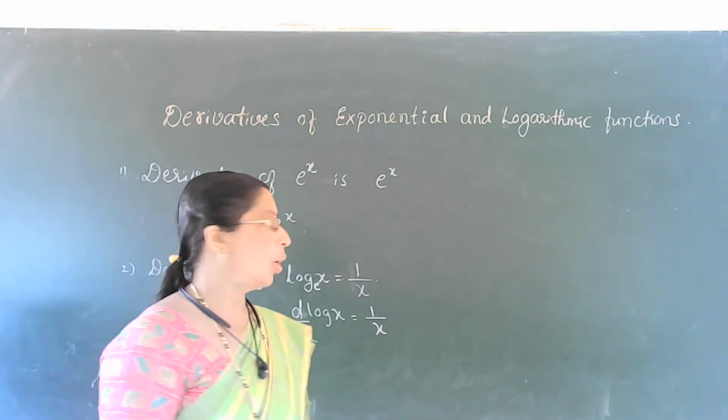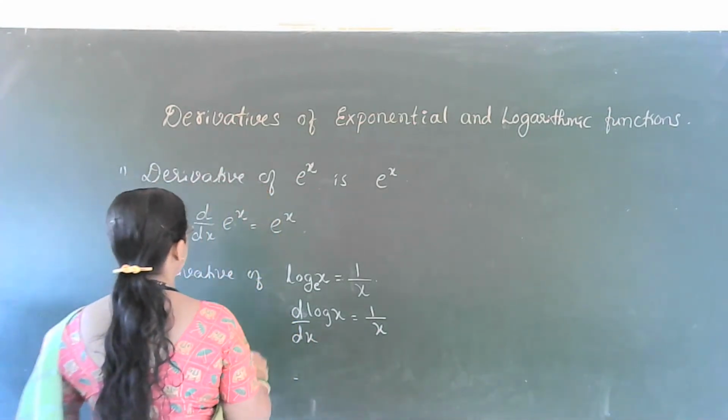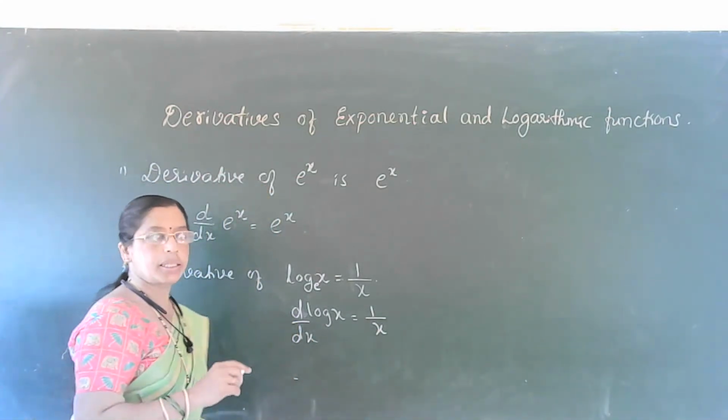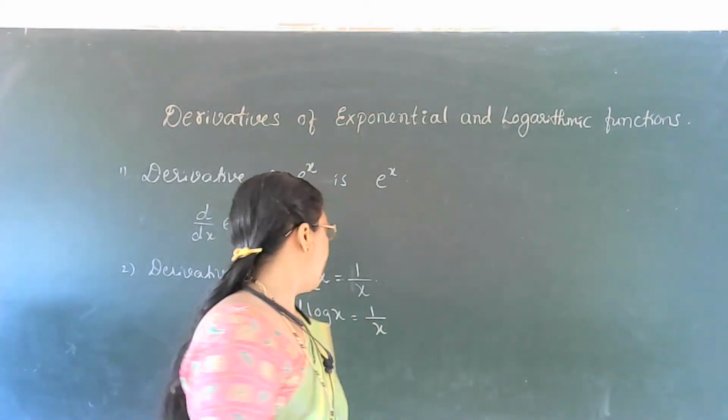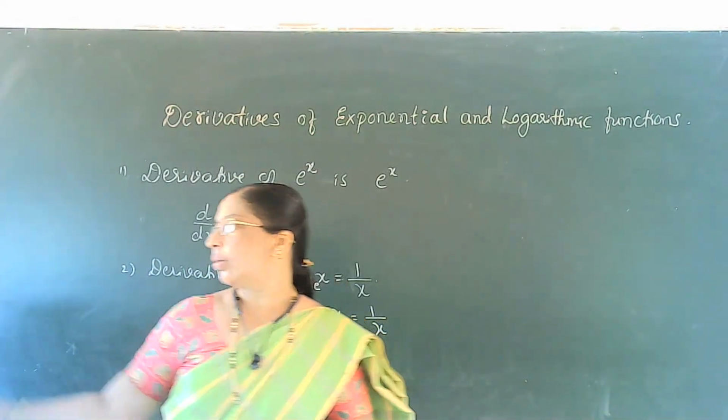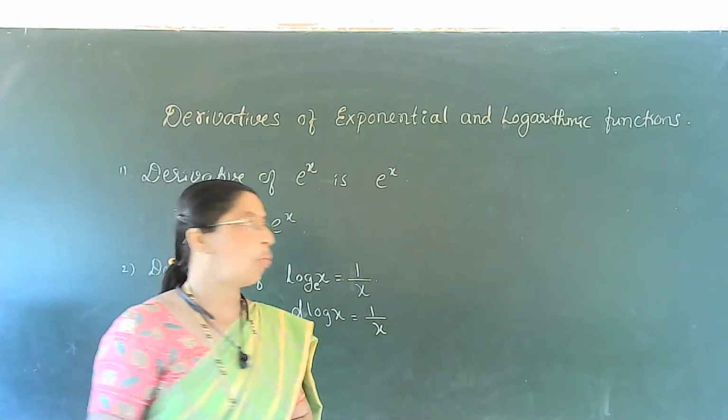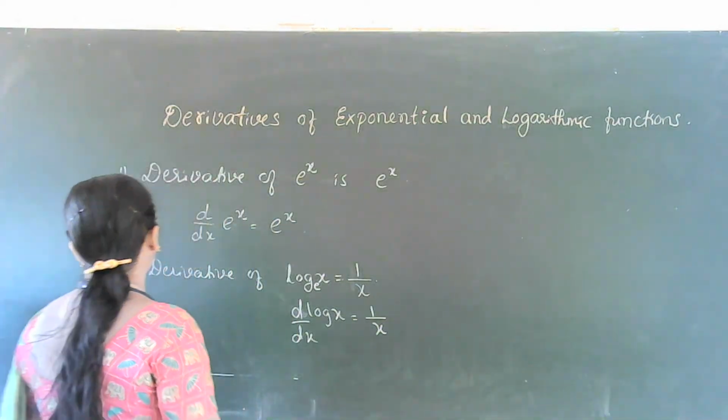Keep it in mind: the derivative of e to the power x is e to the power x itself, and the derivative of log x is 1 by x.